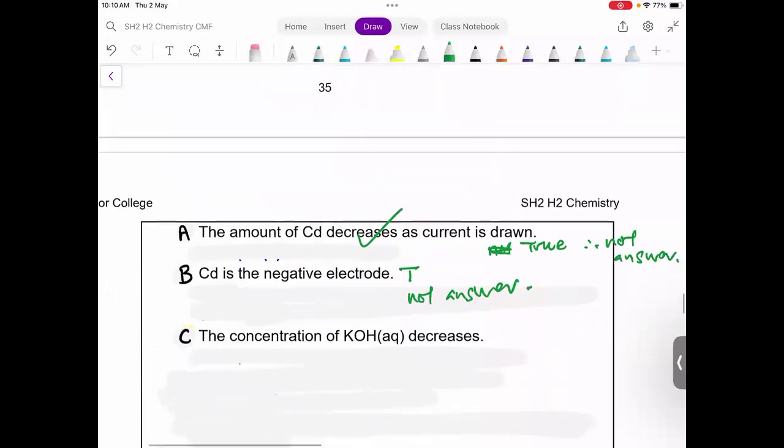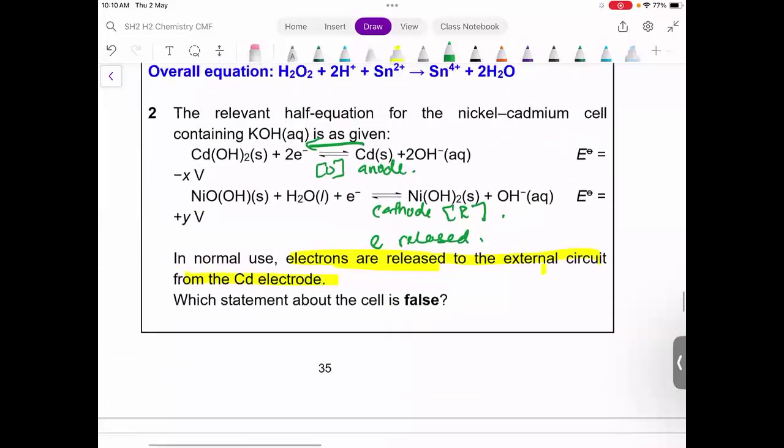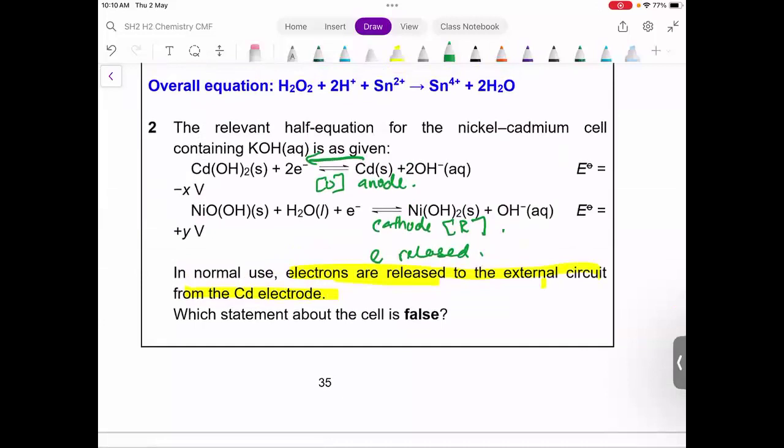Statement C, concentration of KOH decreases. That is not true. It should stay constant. Do you know why it stays constant? If you look at the two equations, this one has to be multiplied by 2. As your cadmium undergoes oxidation, 2 moles of OH minus will be used up.